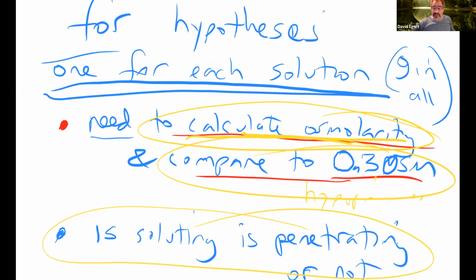Again, this will take you a little longer than your last hypothesis because there are 9 of them, and you have to do a little math. In order to calculate osmolarity, you have to do a little math compared to the molarity and know whether it's going to dissociate or not. But the math is just multiplying by 2, because we're going from molarity to osmolarity. So the math you can do in your head.